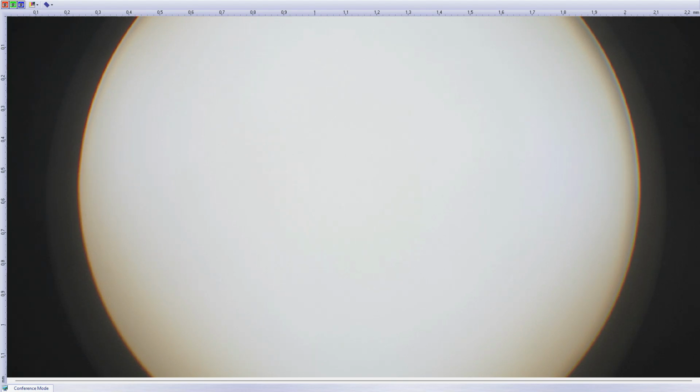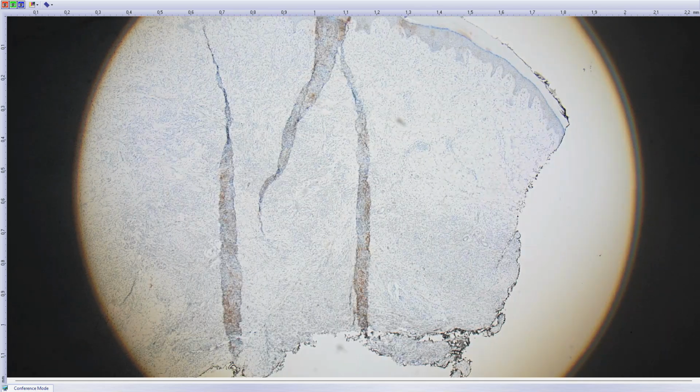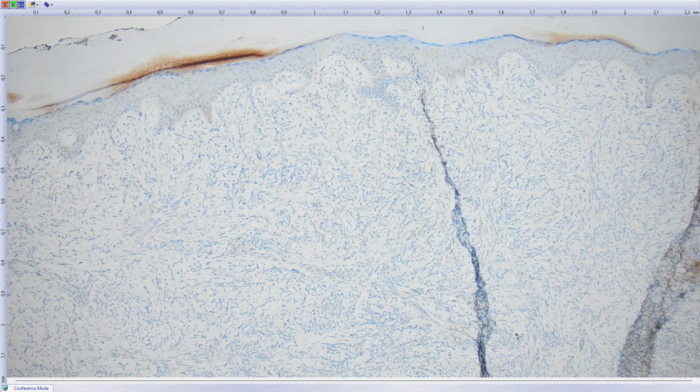I know PRAME isn't specific for melanoma, but it's actually a useful marker to exclude melanoma when you are having a differential between melanoma and cellular blue nevus or clear cell sarcoma, because cellular blue nevus, clear cell sarcoma, also the malignant melanotic nerve sheath tumor, formerly called melanotic schwannoma, they are always negative for PRAME, so we get PRAME negative.